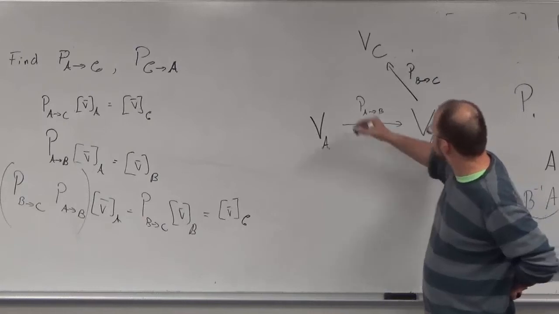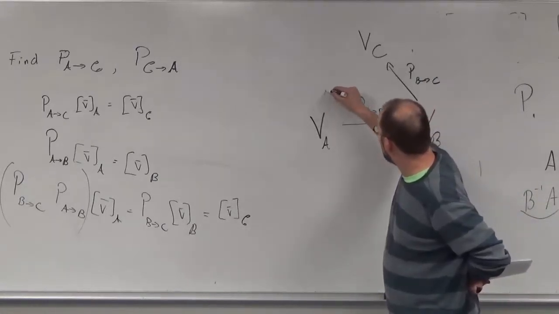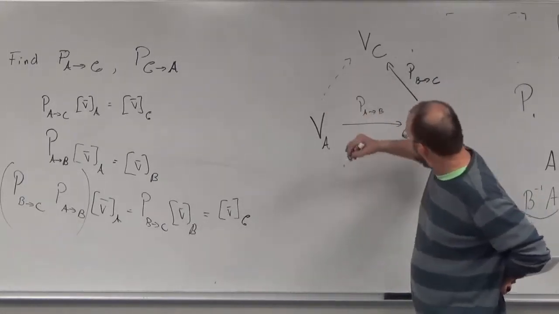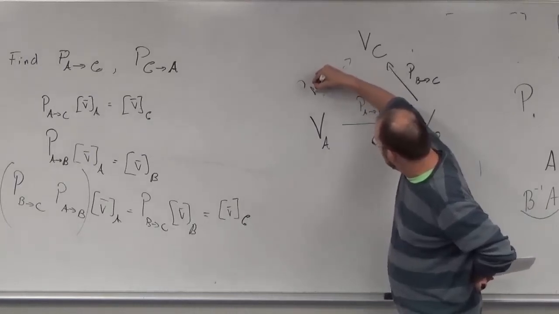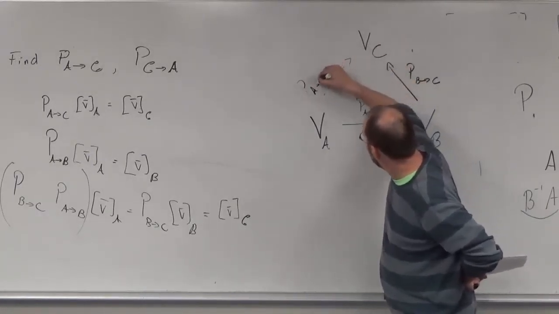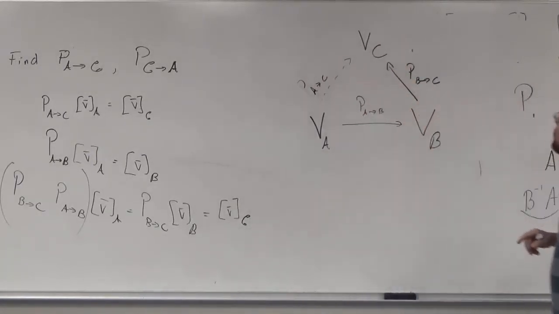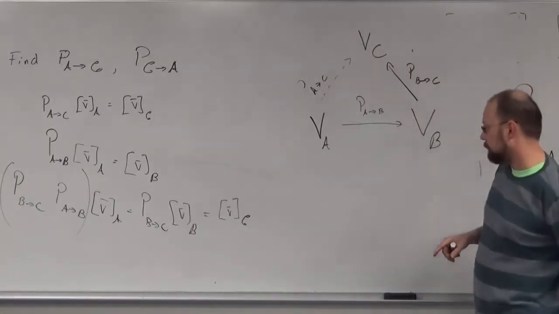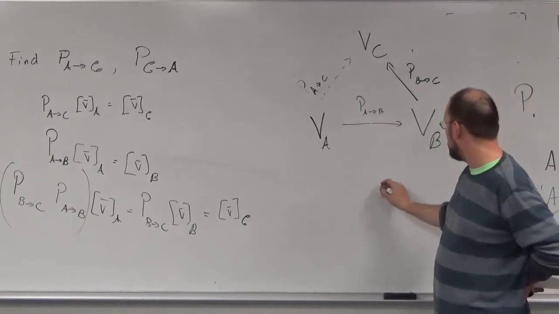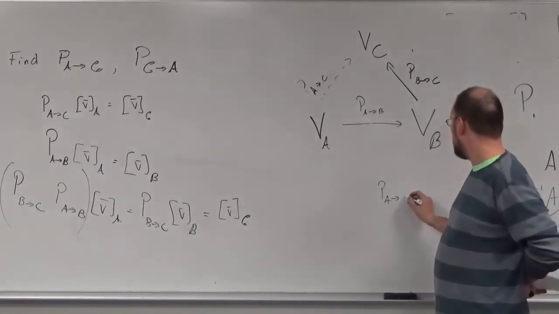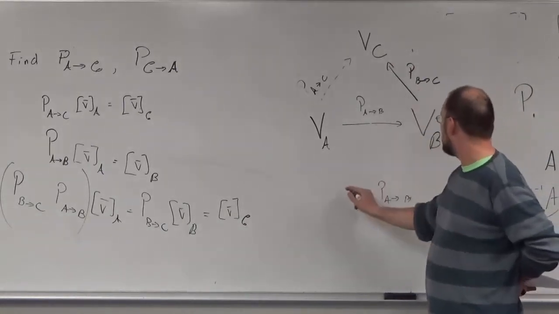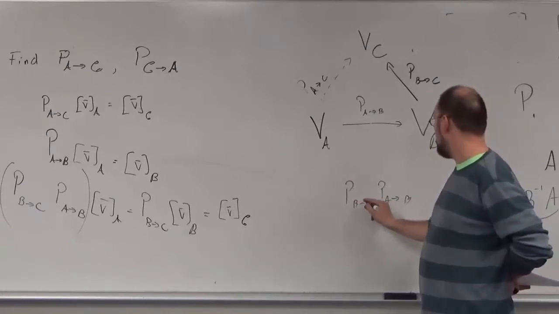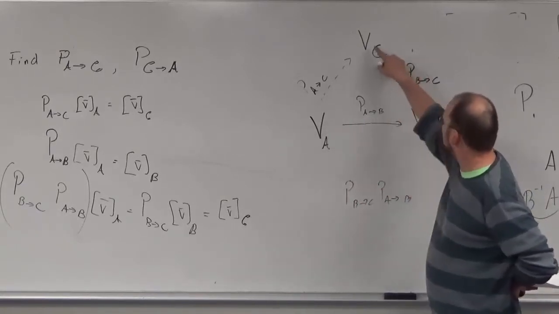And what we're looking for is this, the transition matrix from A to C. So we just take the long way around: we first apply this transition matrix, take the result, and apply this transition matrix.